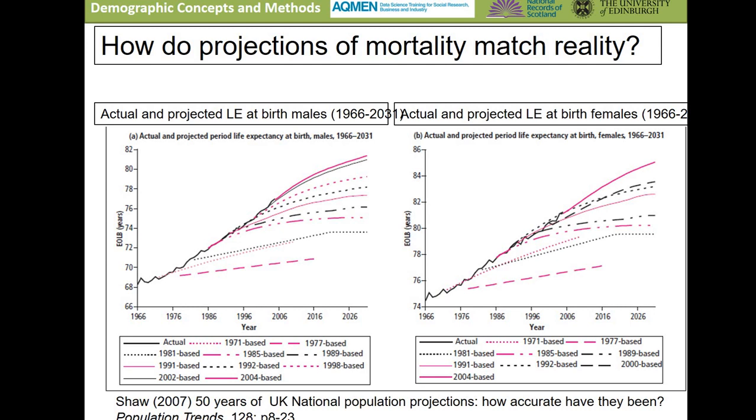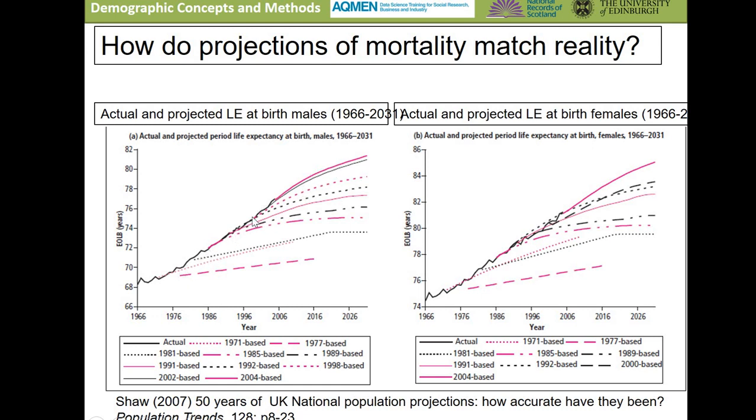One question we might ask is, how well do these projections match reality? So these sets of graphs show the actual and projected life expectancy at birth for males for various different projections, going from the 1971 based projections, which you can see here, all the way up to the 2004 based projections.